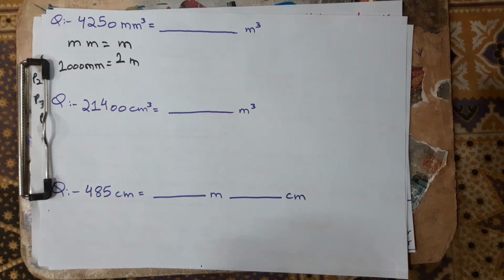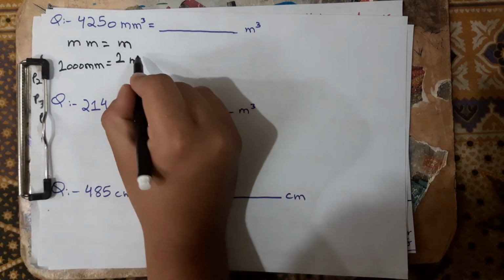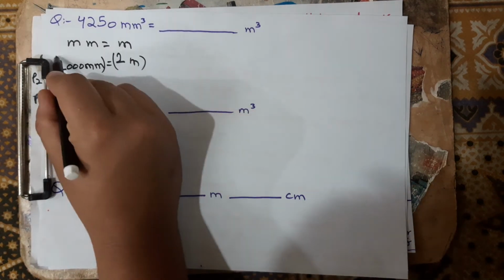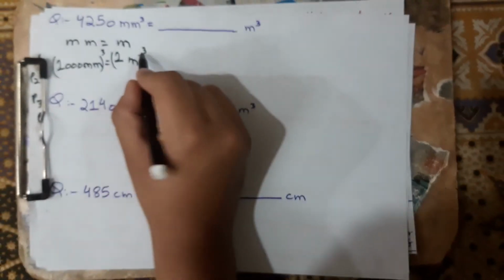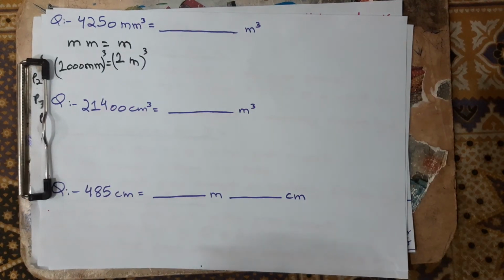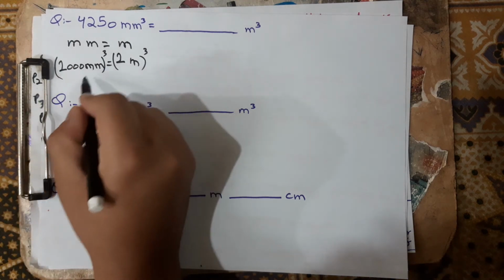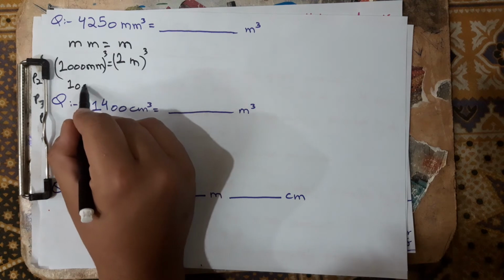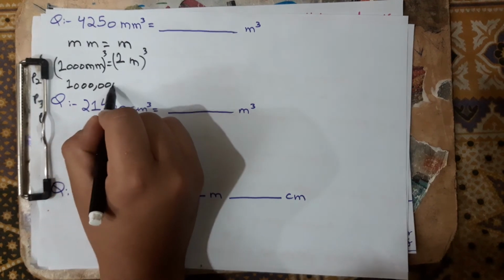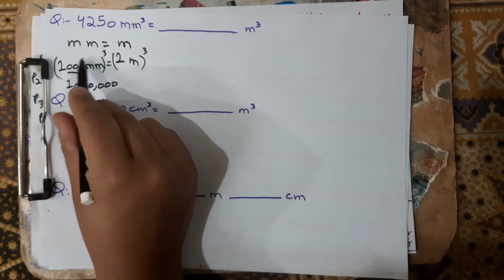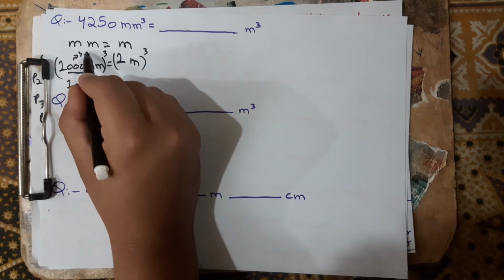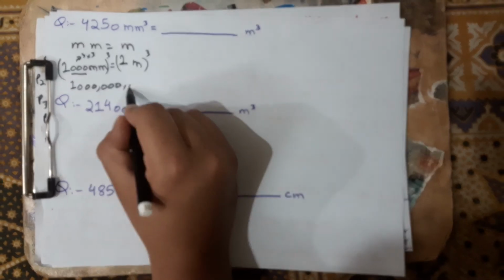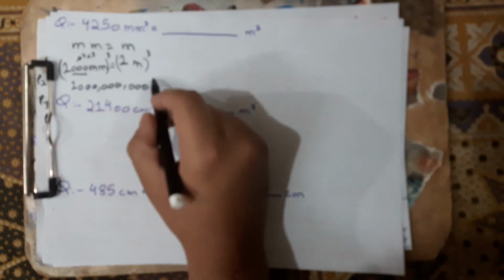You will write it down like this, and then you will bracket it and find the cube value of these numbers, which will come out to be 1. There are 3 zeros, so if we triple them up, 3 multiplied by 3, they will become 9, so we will get 9 zeros.